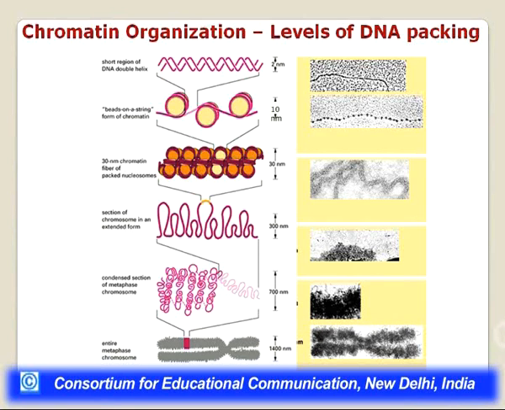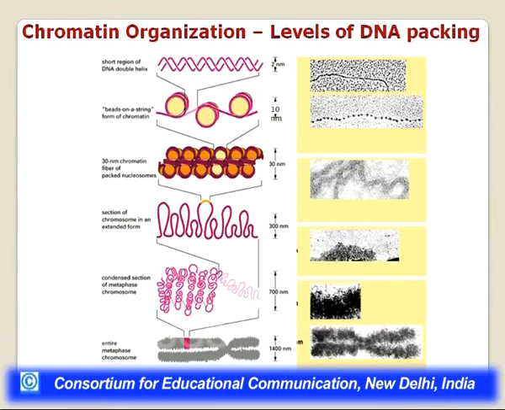Then these loops, present in the metaphase chromosomes, attain a higher order of compaction. As you can see, the metaphase chromosomes look quite different from how the double helical structure of DNA was. The maximum compaction attained is around 1000 to 10,000 folds when the metaphase chromosomes are there.